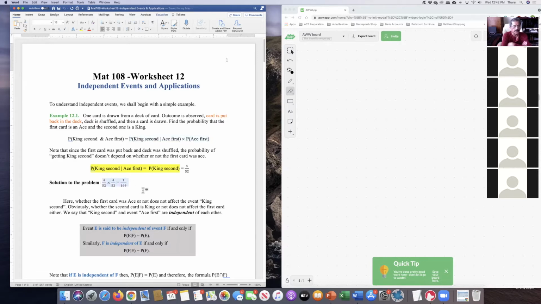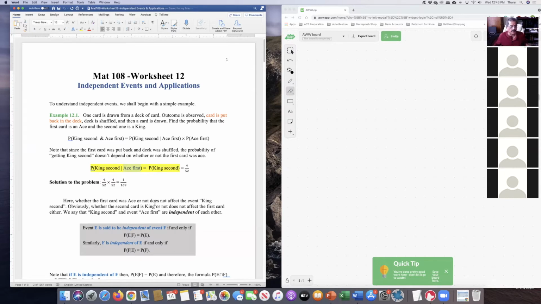So you can still use that formula, but the only difference is that getting a king second doesn't depend on what the first card was because you put it back. When this happens, we call them independent events. In other words, king second and ace first are independent events when you put the ace back. So that's a simple example of independence.